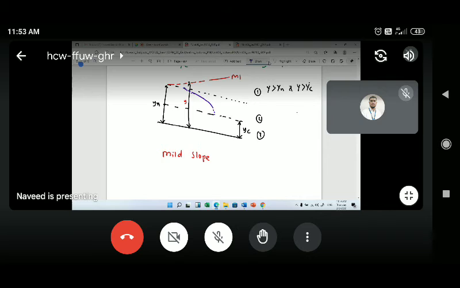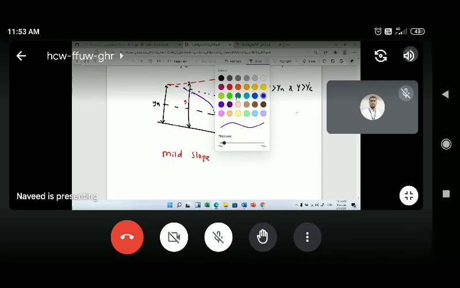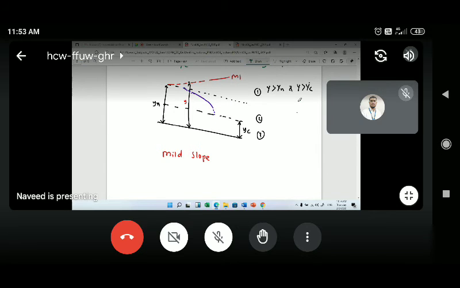Now we will see the third. dy by dx is coming as S0, and in this case the negative becomes positive, and this curve is rising because the positive value is rising. So this is the y in between the bed slope, that is S0, and then it is rising up to meet the critical line.